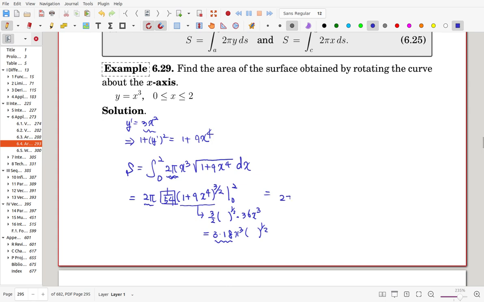So there is 27 and pi, and then once x is 2, that is 16 times 9 plus 1 to the 3 over 2, and once x equals 0, it will be 1, right? So we got the final answer. You can simplify.